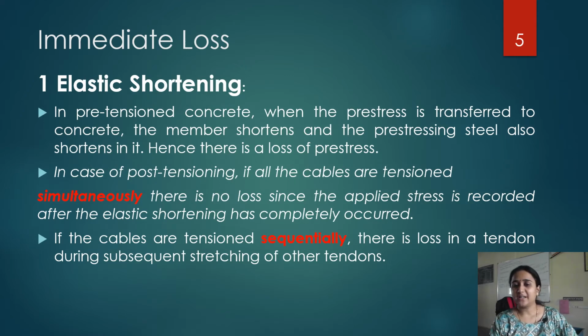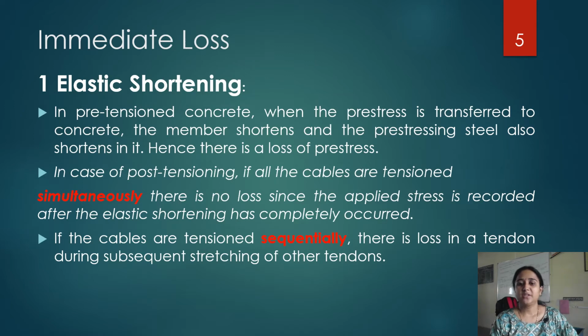There is again one concept behind how to calculate or quantify this loss. That can be calculated by the way we apply tension. In case of post tensioning, if all the cables are tensioned simultaneously, there is no loss since the applied stress is recorded after elastic shortening has completely occurred.